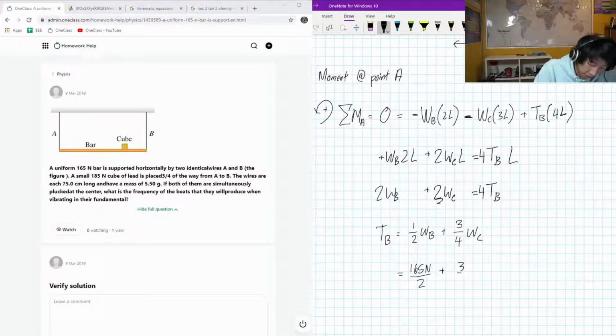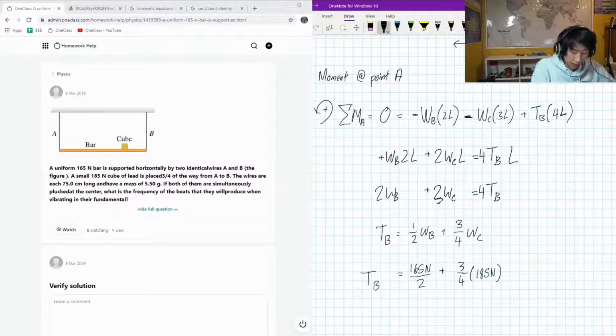Plus 3/4 of WC is 185 newtons. This is our tension in cord B. Okay, so let's do this calculation real fast.